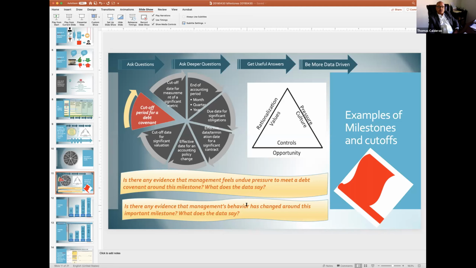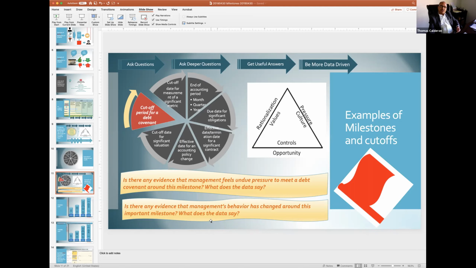A second question that we might be interested in is, is there any evidence that management's behavior has changed around this important milestone? And the analytics mindset would essentially phrase this in the context of data. The data-related question is relatively simple. The data-related question is, what does the data say?